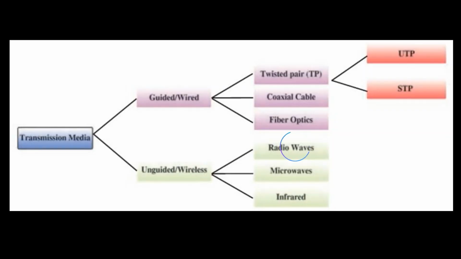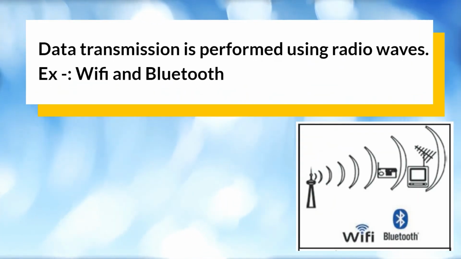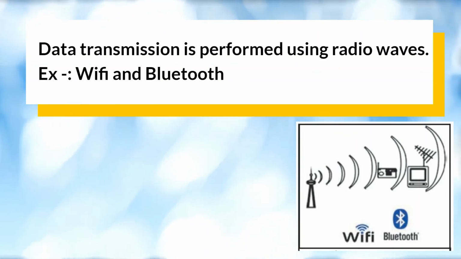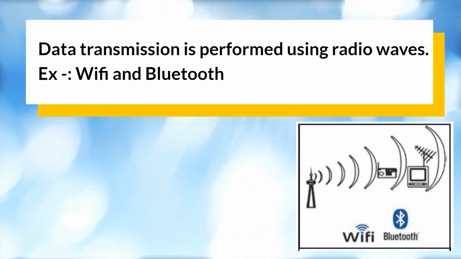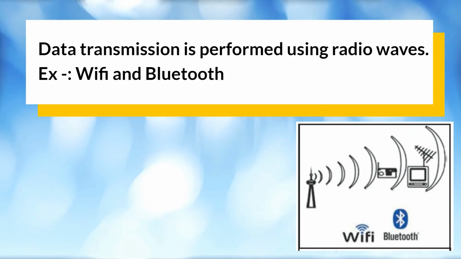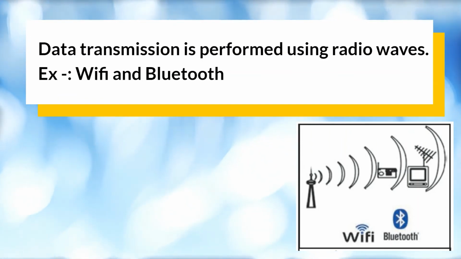The first category of unguided or wireless media is radio waves. In here, data transmission is performed using radio waves. For examples, Wi-Fi and Bluetooth.